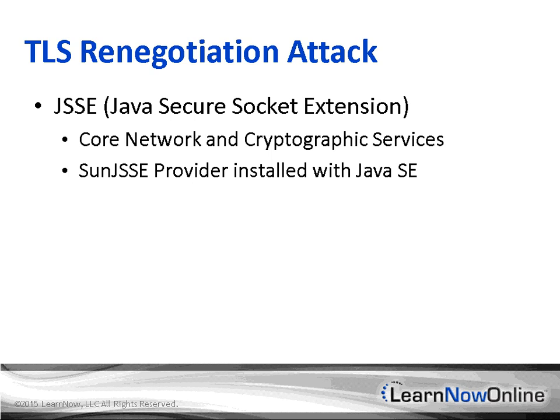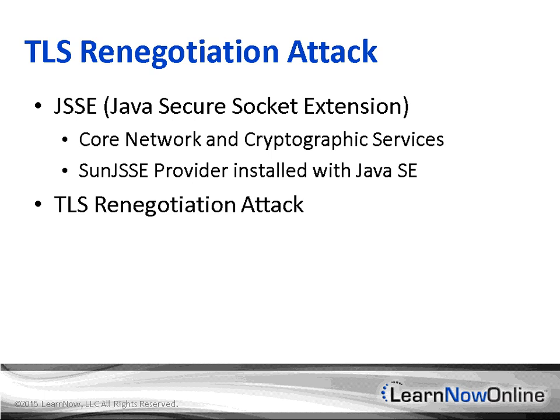Sun JSSE provides implementation of SSL, TLS, and its cipher suites, X.509 key management, and private encryption keys in PKCS12 format. Java SE 7 provided updates to JSSE to fix a flaw which was discovered in the SSL/TLS protocols in 2009.